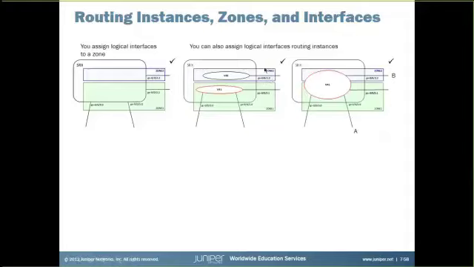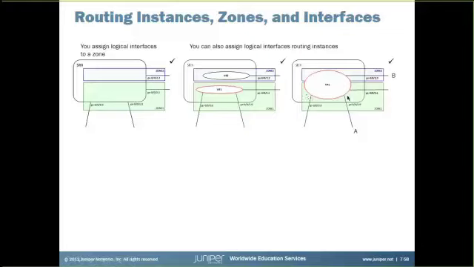Now here I have three different interfaces on the same routing instance and on the same security zone. So that passes. Now this one is an interesting case. I have a single routing instance and all four interfaces are part of that routing instance.